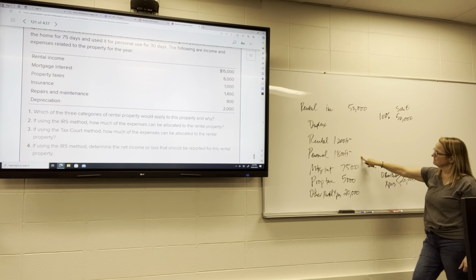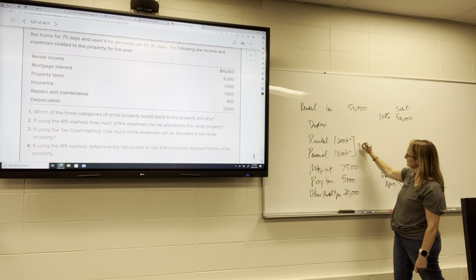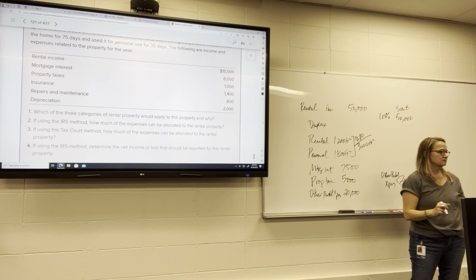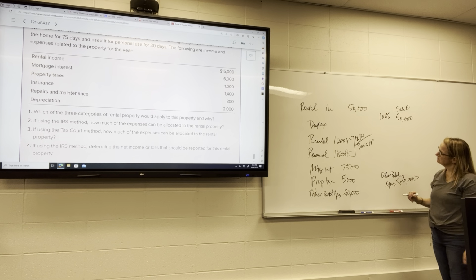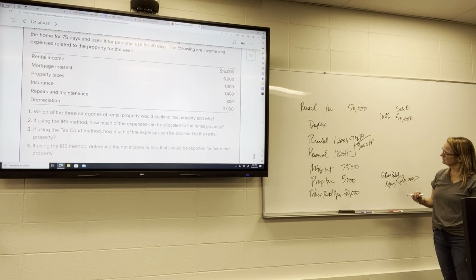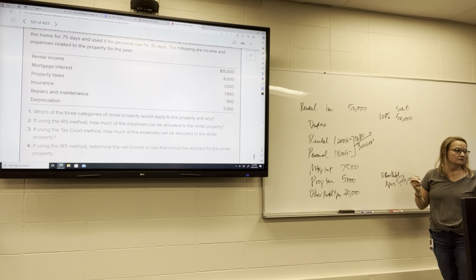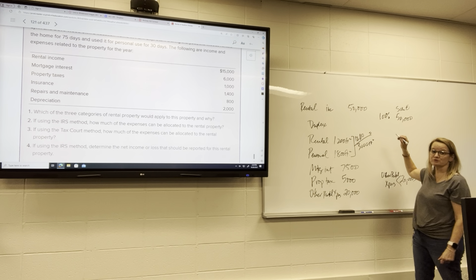But these, add these together, so 3,000 total square feet. To get the rental portion, we're going to take 1,200 divided by 3,000. How much is that? What percent? 0.4. Okay, so 40%. Yeah.